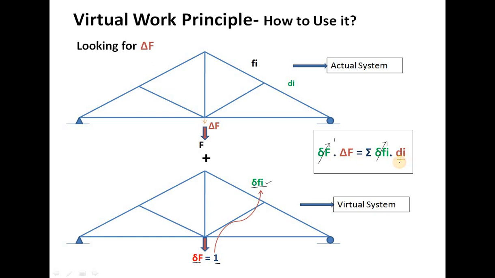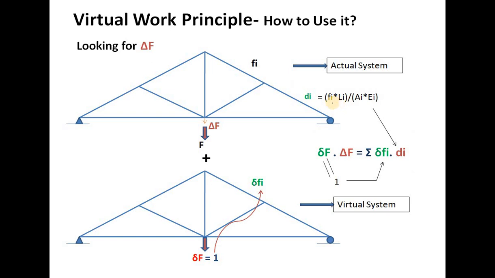Now what is this Di? Di is nothing but Fi Li divided by Ai Ei. Fi is the component force in the truss because of the external force F applied. Li is the length of each component. Ai and Ei are the cross-sectional area and Young's modulus of each component.